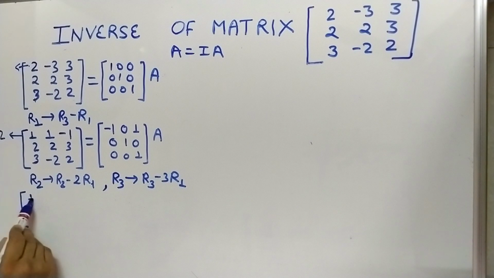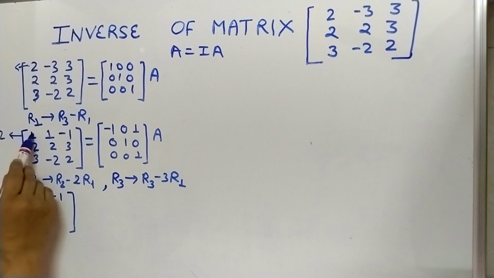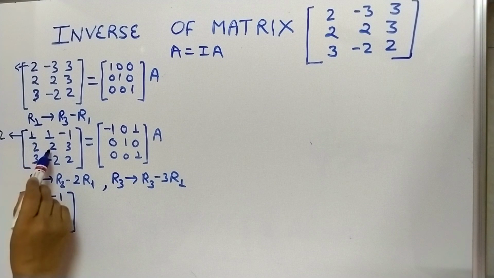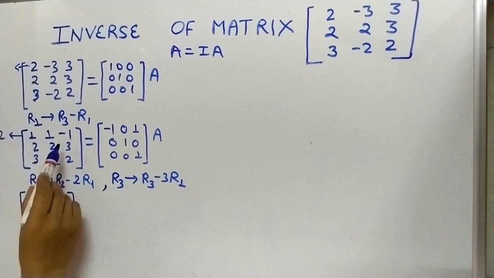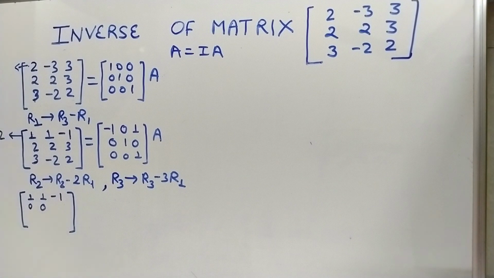And first I am writing the first row because there is no change in the first row, so it will come as it is. Now minus 2, 2, 0, minus 2 minus 2, 0, and here it will be minus 2 minus 1 plus 2 plus 3, 5. And then we will see our third row.